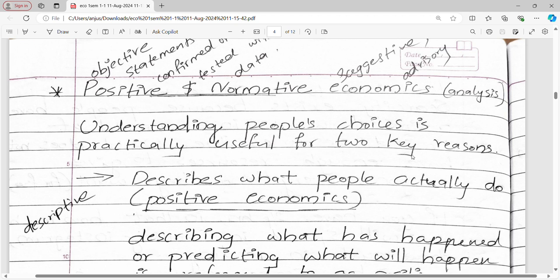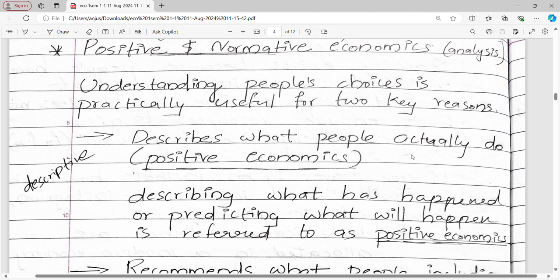It is confirmed with the data, right? Then the number of highways built by the state government this year, everything like that. That is describing what has happened or predicting what will happen is referred to as positive economics.